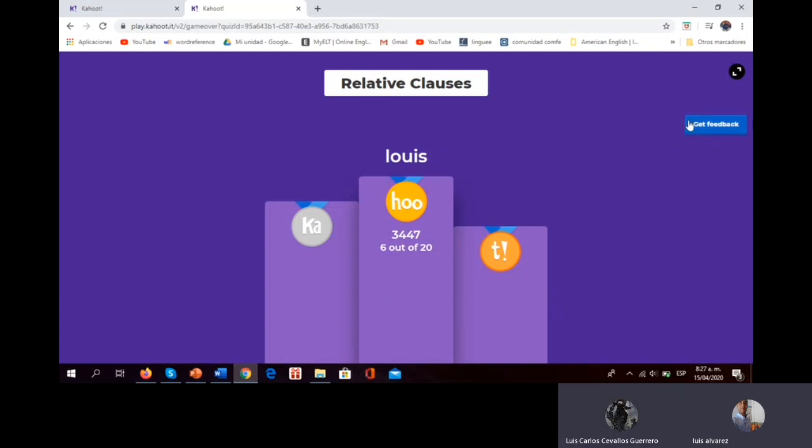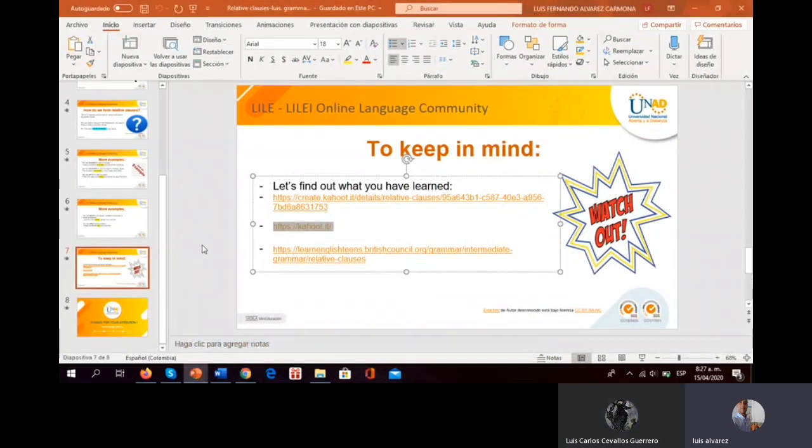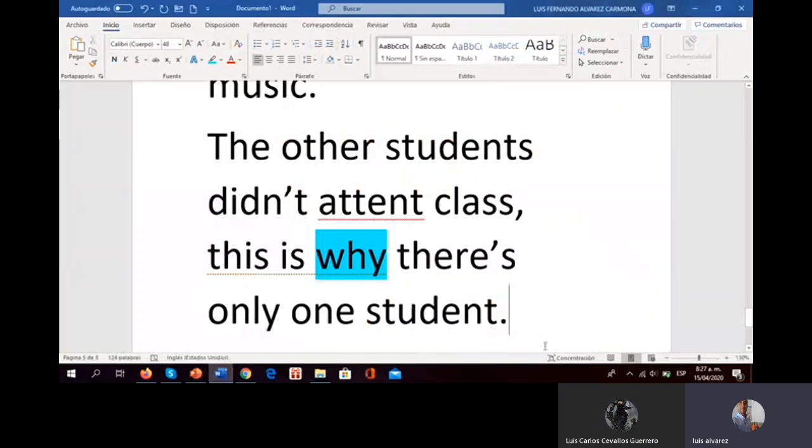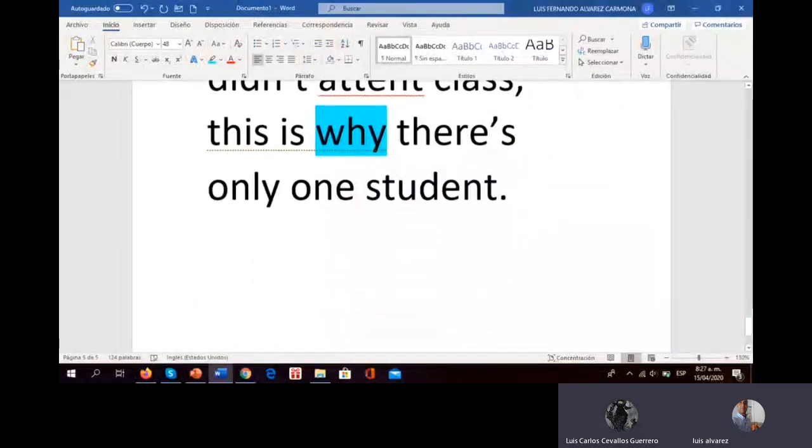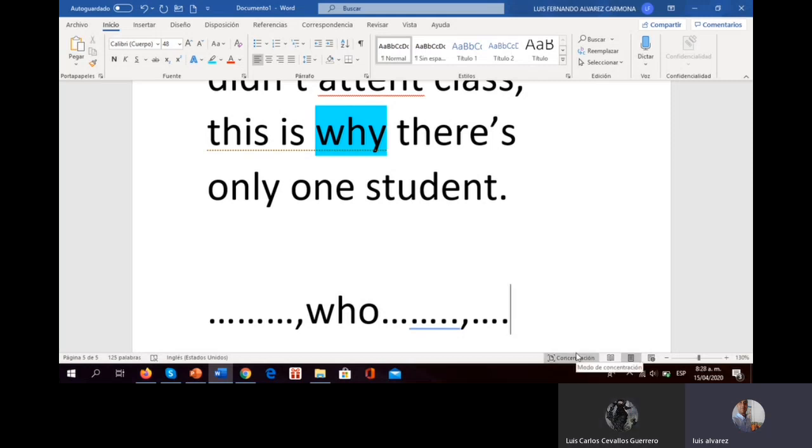6 out of 20. All right, so let's try to remember something here, Luis. Maybe something that I was failing to explain is that when we have a sentence and we put, for example, who between commas, it means the information is important. Who or that or where, when we put it between commas, is because the information is necessary, is essential.